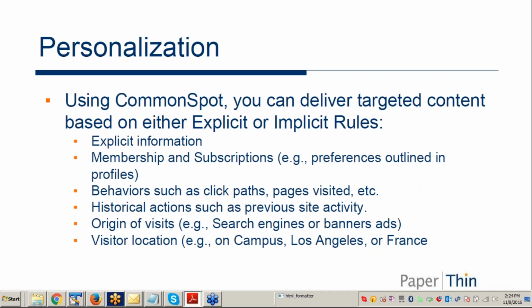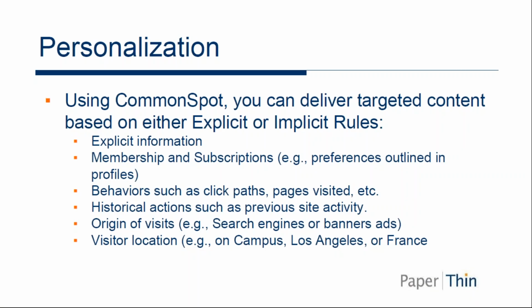Where in the world does this particular person live? If you know somebody's visiting from France, for example, you could have some personalized content that you've pre-established that is written in the French language, and you could display that to that person. So there's a number of ways that you can set up personalization within CommonSpot.